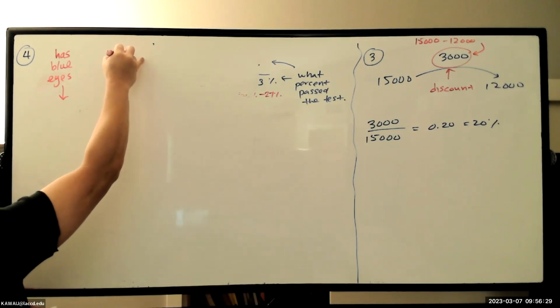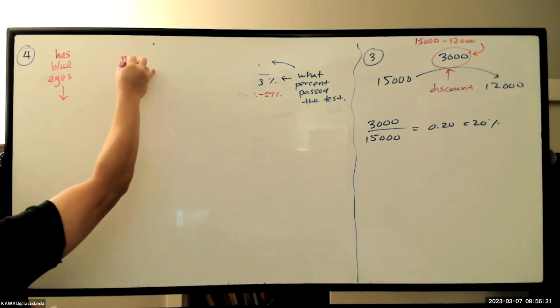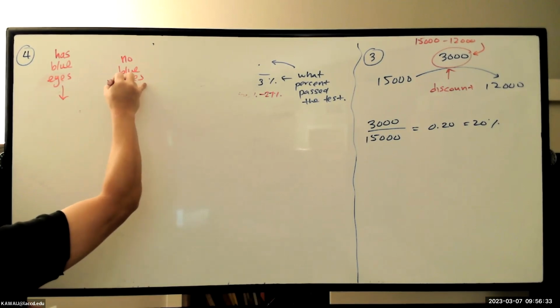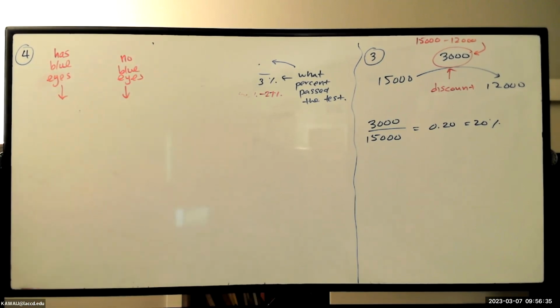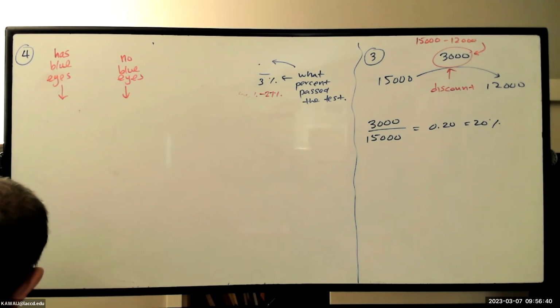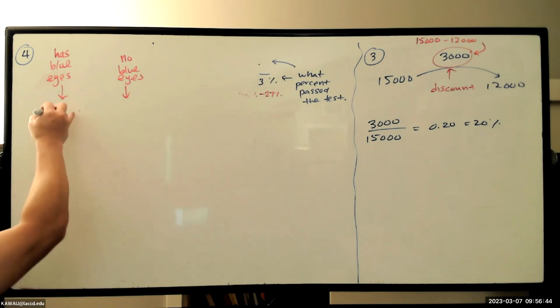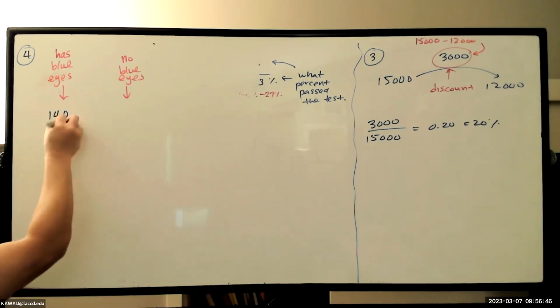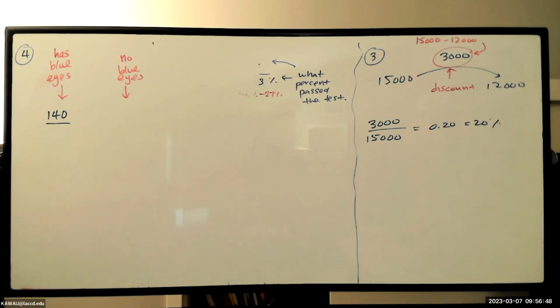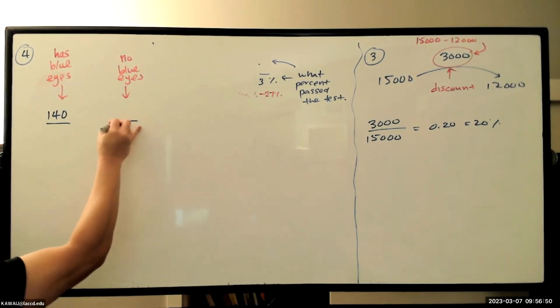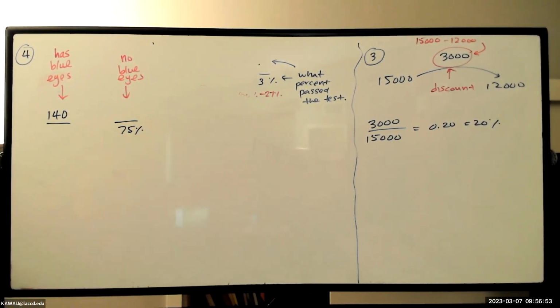And we have the group that has no blue eyes. So 140 have blue eyes. 75% do not have blue eyes.